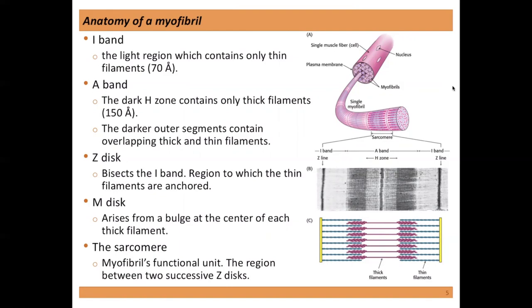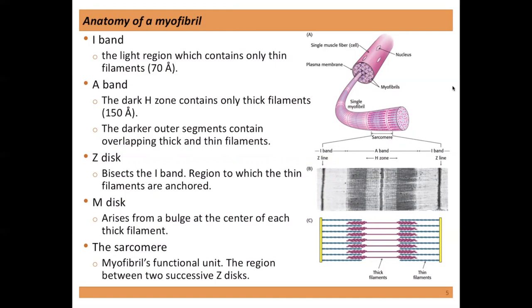Then you've got the Z disc or the Z line, and it actually cuts in half the I band. We'll see that a little bit later, but essentially the I band goes in both of these directions there. From one Z line to another Z line, that is what's referred to as a sarcomere. That's the functional unit in a muscle fiber.